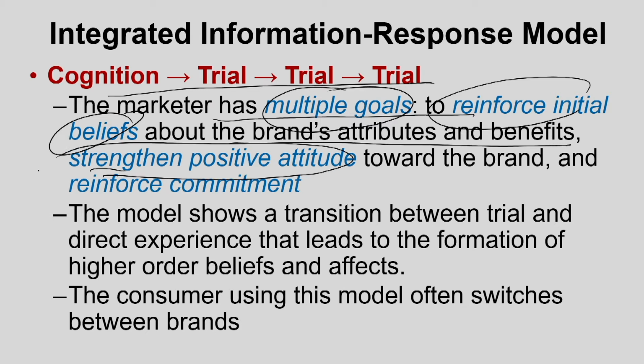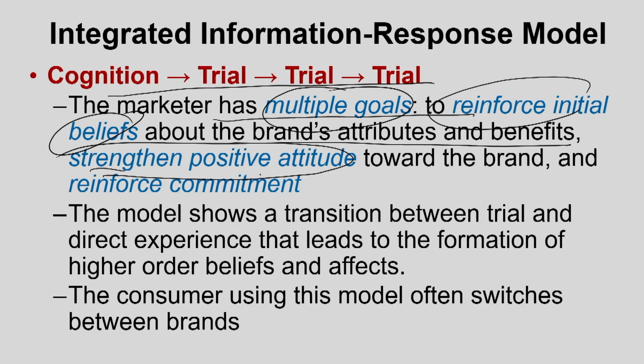The idea behind this kind of advertisement is to strengthen positive attitude. People start feeling positive about the product and reinforce commitment, so that if people have seen this product before, an ad focused on this kind of paradigm will actually reinforce their purchase intent which they have had previously.